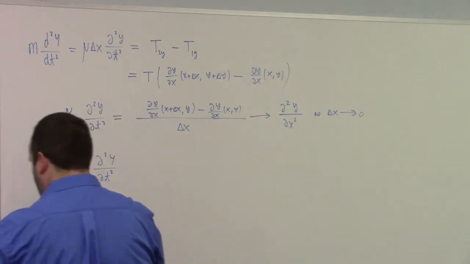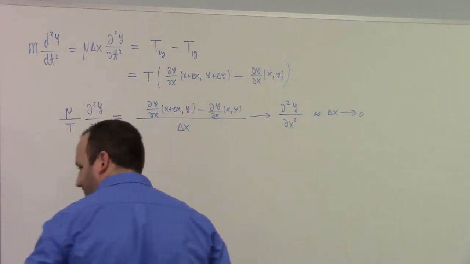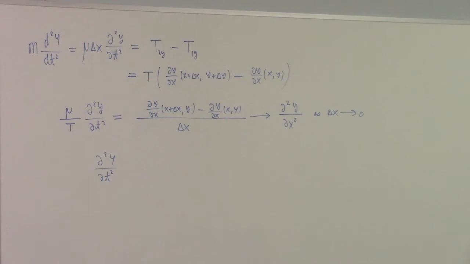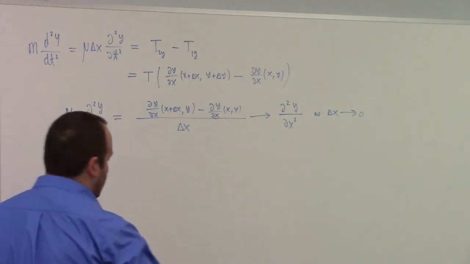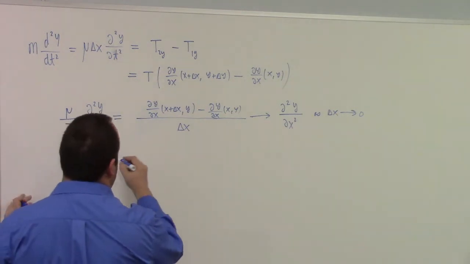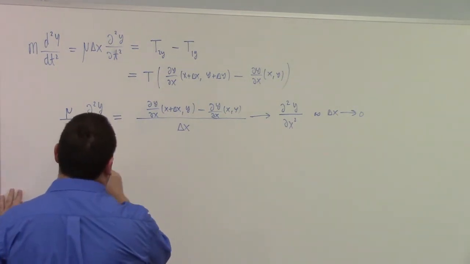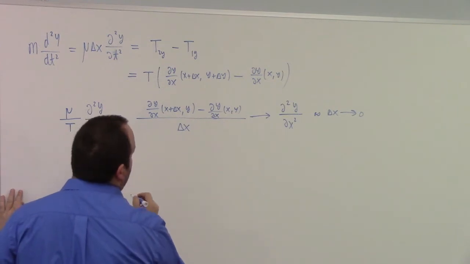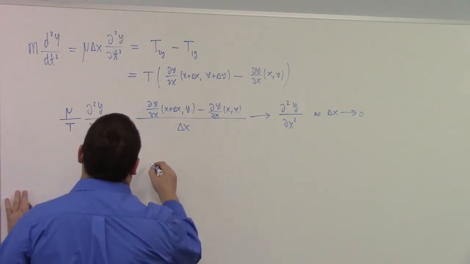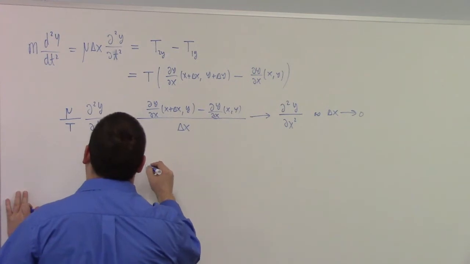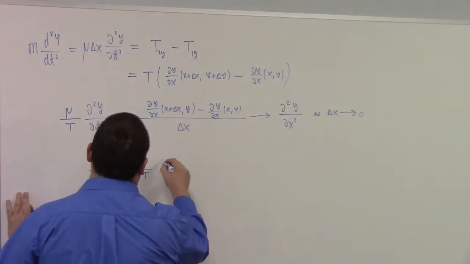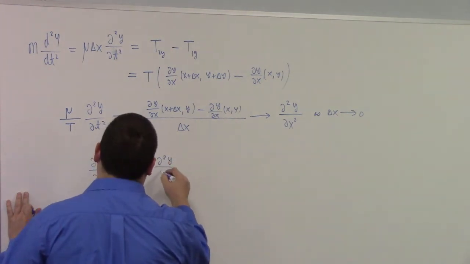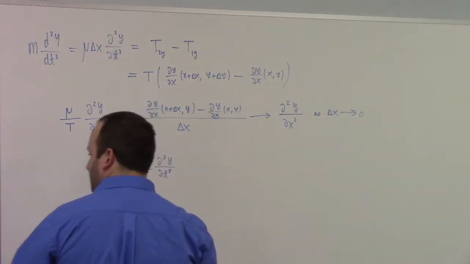I think I have. So if we have partial squared y partial x squared equals, let's see here, mu over T, partial squared y partial t squared.